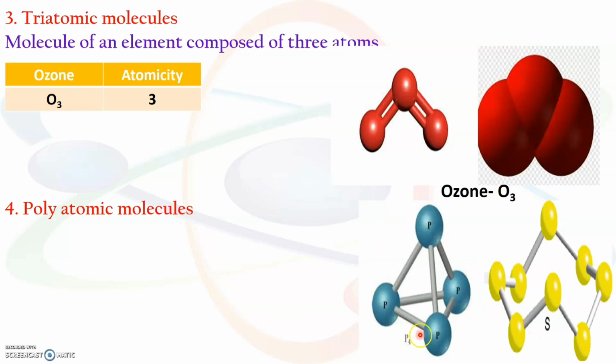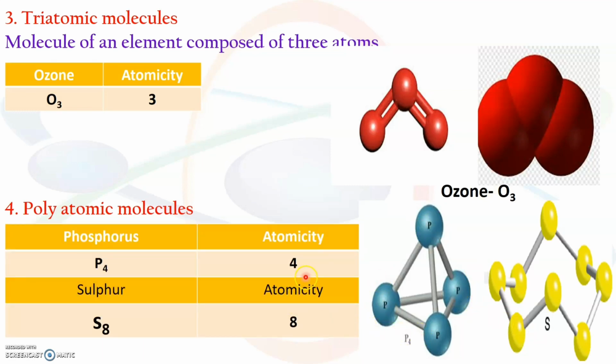The atomicity of phosphorus is equal to 4, since there are 4 atoms of phosphorus that have combined to form a molecule of phosphorus. Likewise, in case of sulfur, the atomicity is equal to 8, since there are 8 atoms of sulfur that have combined to form a molecule of sulfur.